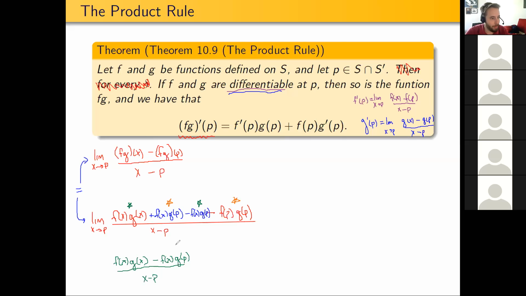pieces, right? And so that's going to give me f of x g of p minus f of p g of p, all over x minus p.